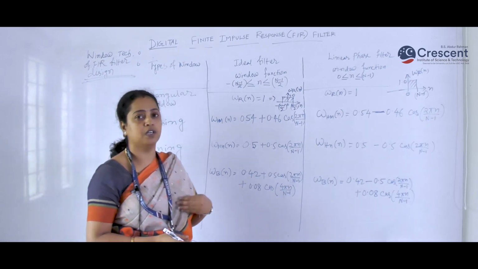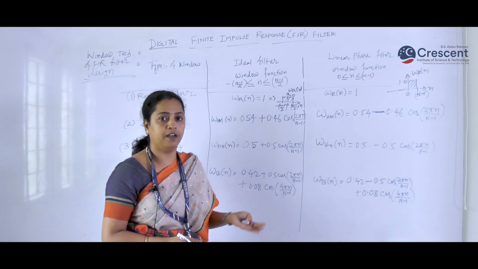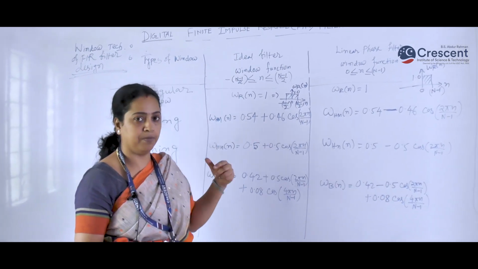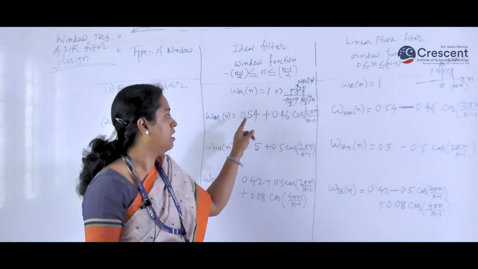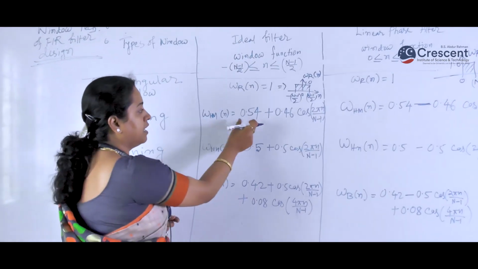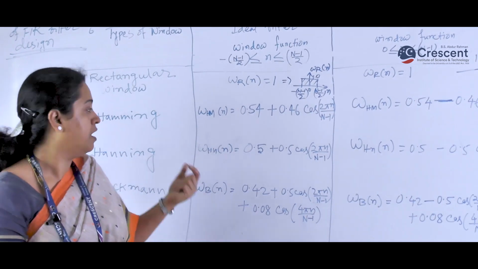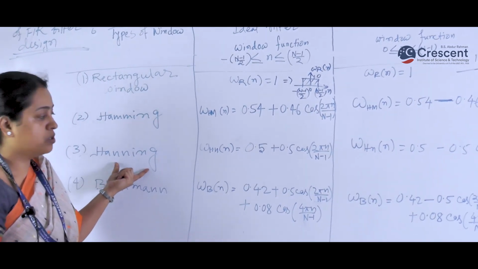These window functions will not be supplied if any design is asked in the examination. We have to remember them, because it is very simple to remember. You can even remember using a technique: if you add these two coefficients, the answer is equal to 1. Next is the Hanning window.